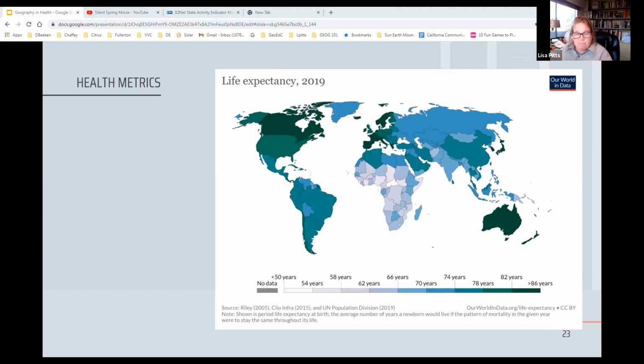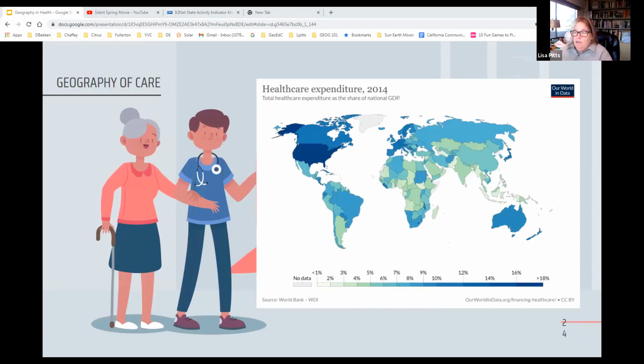And then the geographical variation in death and disease can also be attributed to something we call the geography of healthcare. And some of that has to do with how much money a country spends on prenatal care, postnatal care, and the number of kids that a woman has.